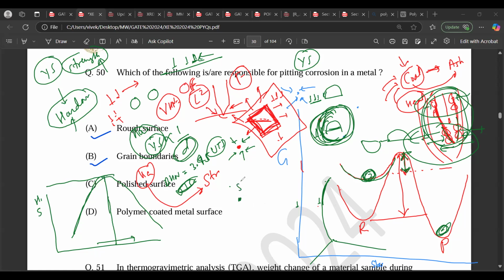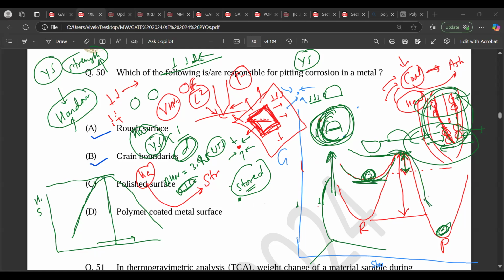This indent is carrying the dislocations, and that dislocation has a stored energy. You have raised the energy state from this to this. Now there is no barrier or a very small barrier.